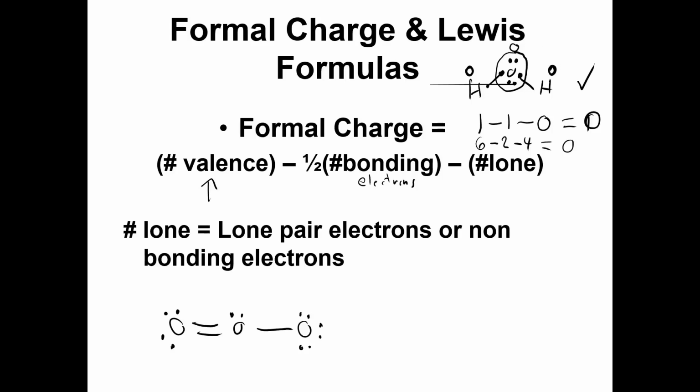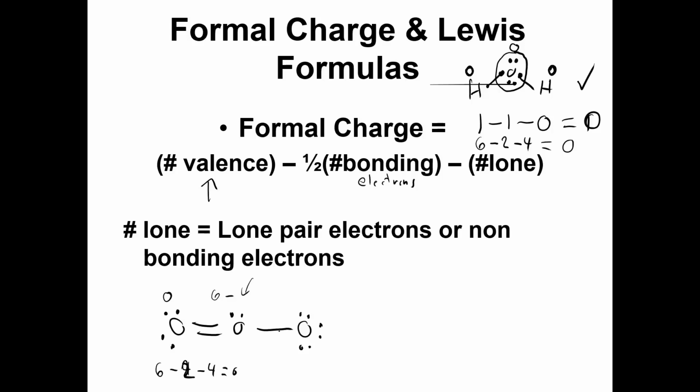Now let's do the same thing for each of these oxygens in ozone. Here we have 6 minus half of 4, which is 2, minus 4, which is 0. So this has a formal charge of 0. This one has a valence of 6.